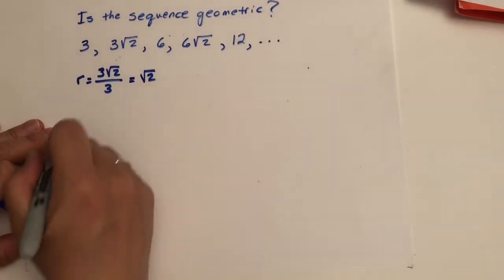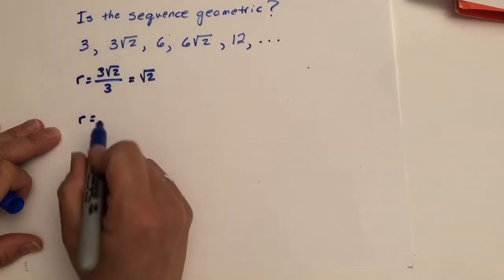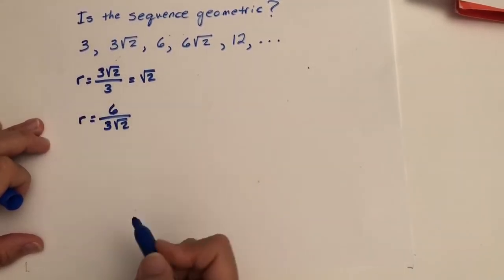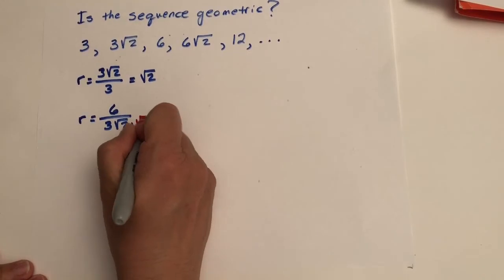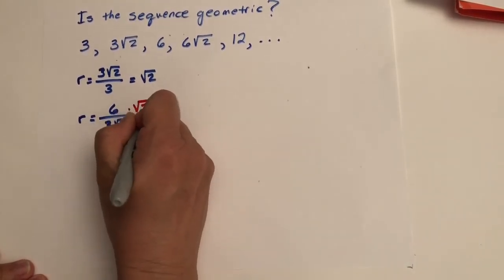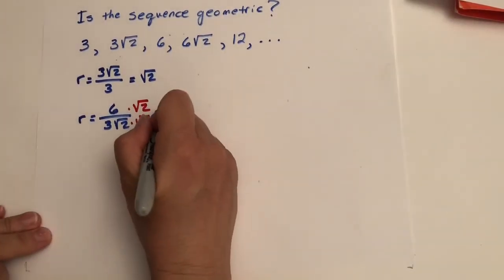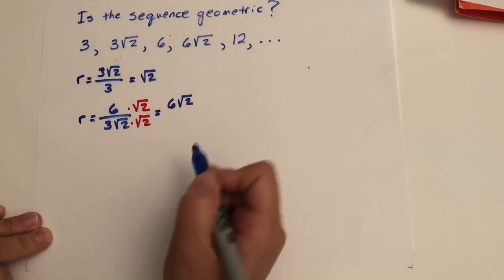Now let's look at the next two terms. We're going to take 6 divided by 3 square root of 2. Now I'm going to rationalize the denominator by multiplying by square root of 2 over square root of 2. And in doing that, I will simplify and get 6 square root of 2 in the numerator.